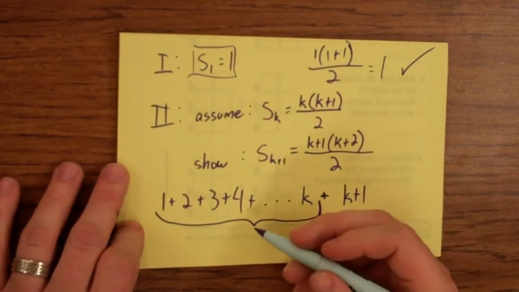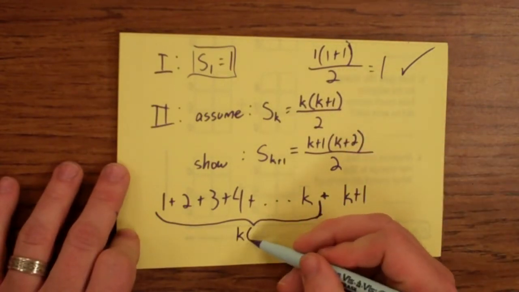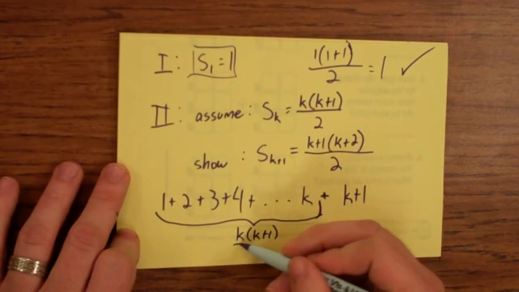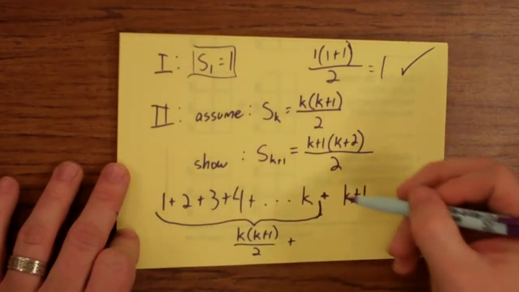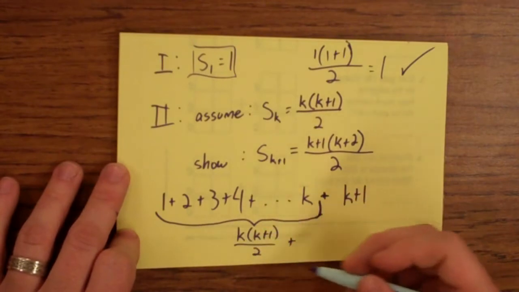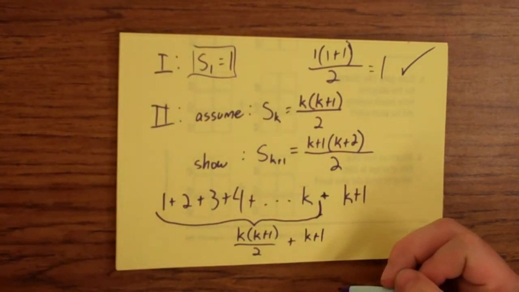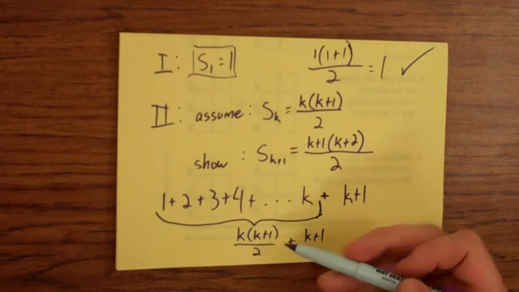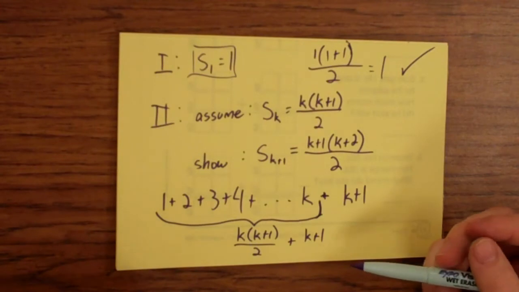So the first k integers, I'll just use this formula: k times k plus 1 over 2. And I'm going to add on to this sum, which I can find using this formula, k plus 1. And somehow I need to get this to look like this so that I can show that the formula works.